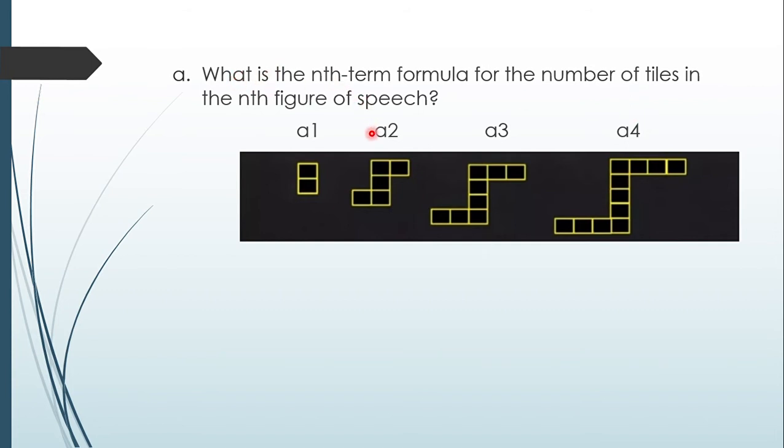So, first, ang gagawin nyo is bibilangin nyo kung ilang box itong si A sub 1, A sub 2, A sub 3, A sub 4. So, the sequence: A sub 1 is 2, A sub 2 is 5, A sub 3 is 8, A sub 4 is 11 boxes.